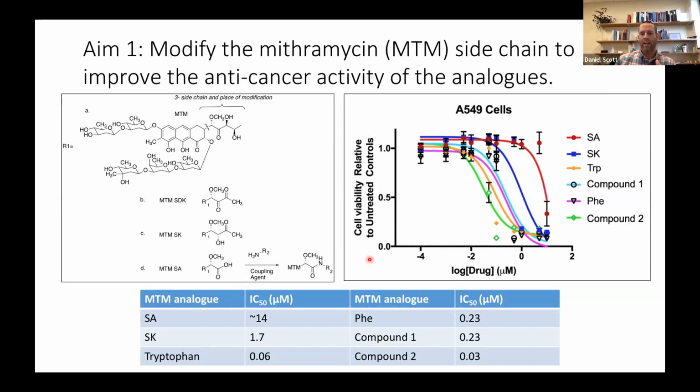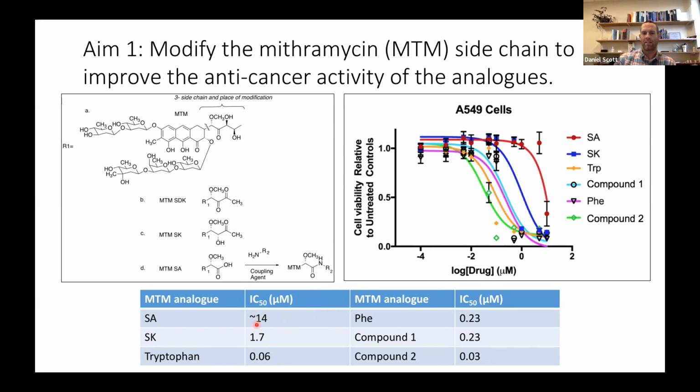What was exciting for us is that a lot of the first analogs we tried had some smaller side chains, again, just trying to get rid of that carboxylic acid. But through the process, we tried some aromatic amino acids, and the tryptophan and the phenylalanine derivatives actually showed really, really good activity. Again, we're measuring our IC50 values; a lower IC50 value means it's more toxic to the cell.